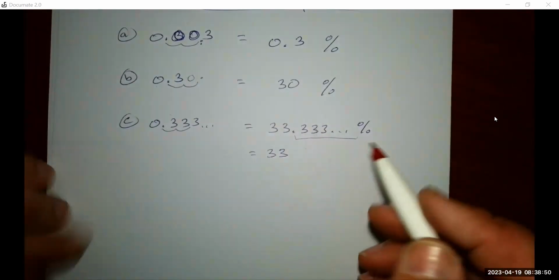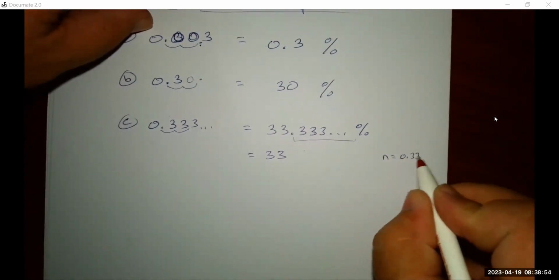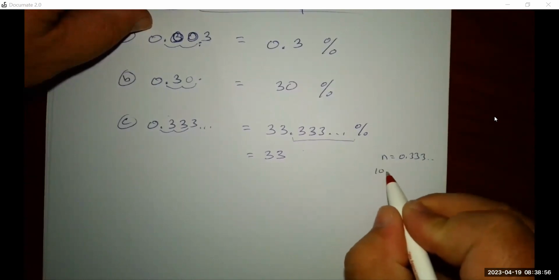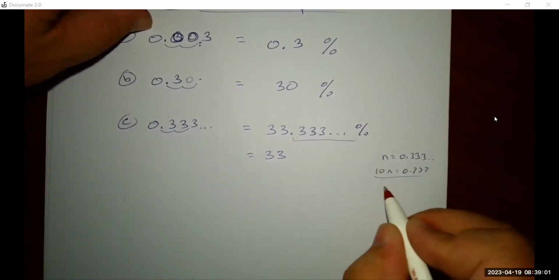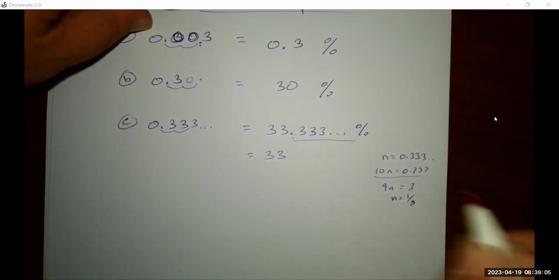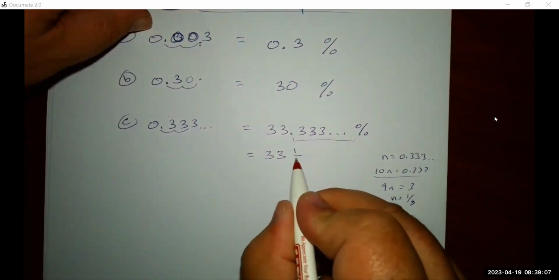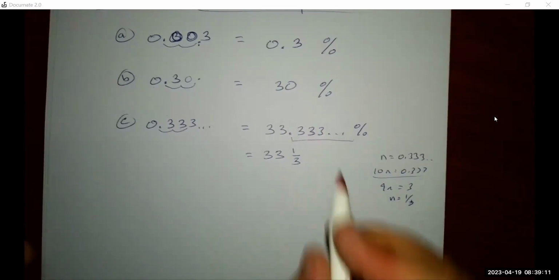In order to convert that to a fraction, we would do what we did earlier. n equals 0.33 repeating, then 10n equals 3.33 repeating. Subtract those two: 9n equals 3, n equals 1/3. So the answer would be that percent.